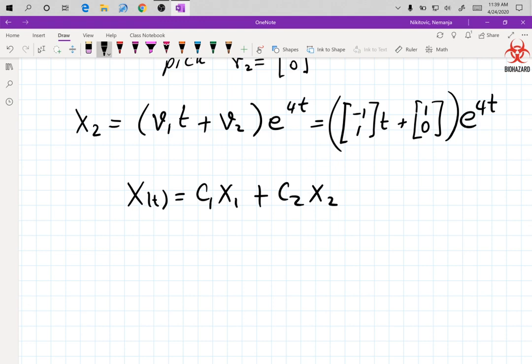Oh, what a mess. So that's it for this particular lecture. Now let's take a look at another example from homework. They do have a mechanical problem where they have two masses and a spring and a dashpot in between.